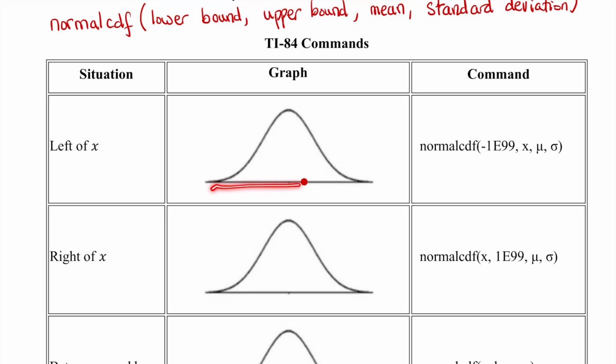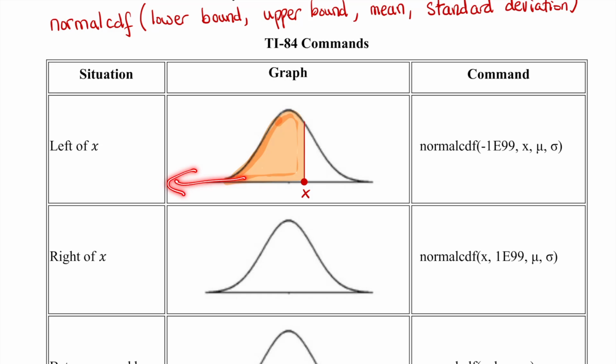In other words, we want to find the area to the left of x. As I shade the graph, notice that the shaded region keeps going further and further to the left. It never actually stops. Because of that, the lower bound is negative infinity.